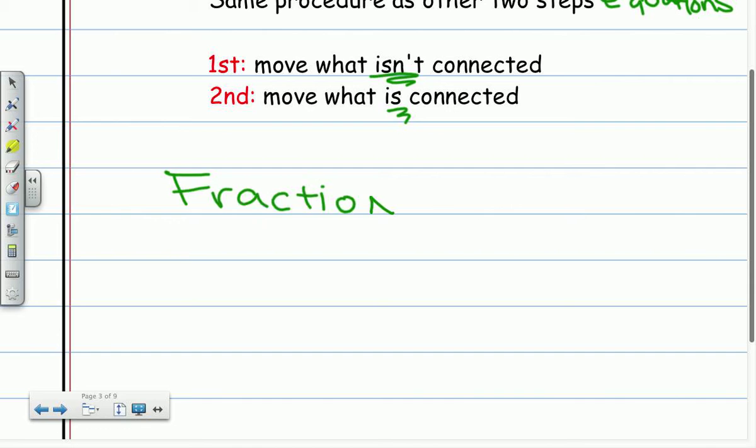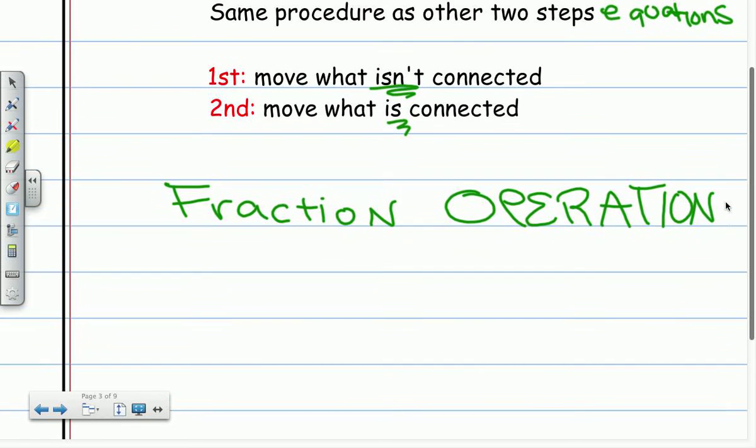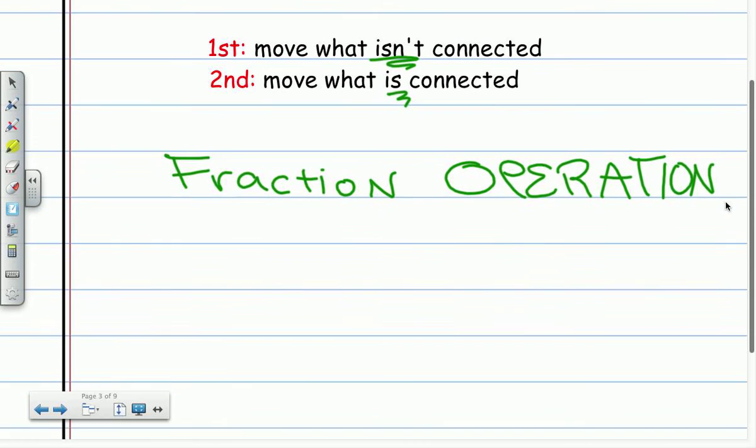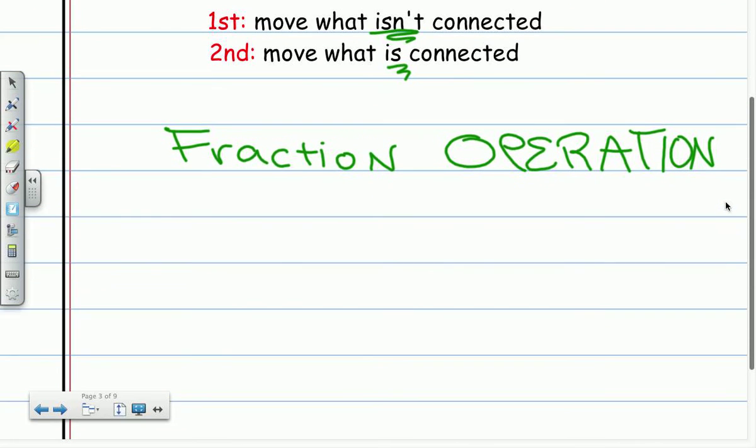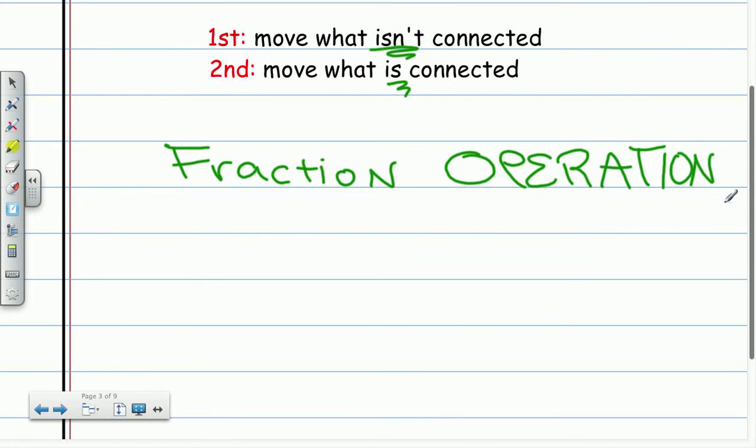I'm going to write this as fraction operations. It's something we've been exposed to, but it is the easiest thing to forget. When we add or subtract, you need to make sure to have a common denominator.